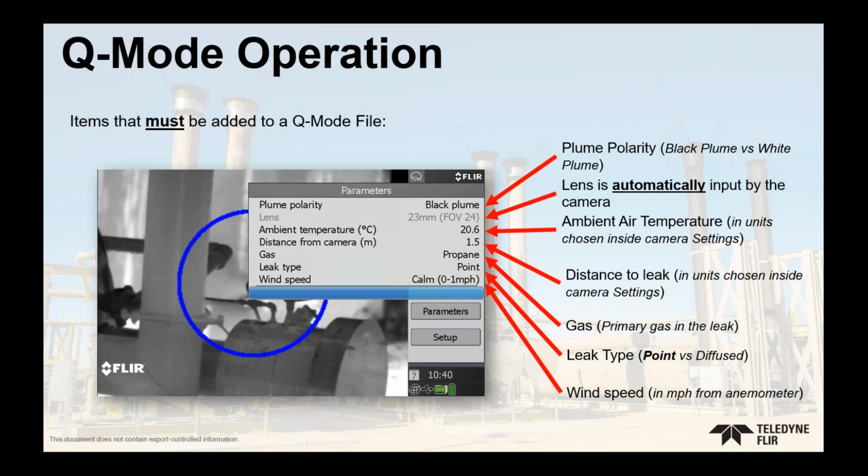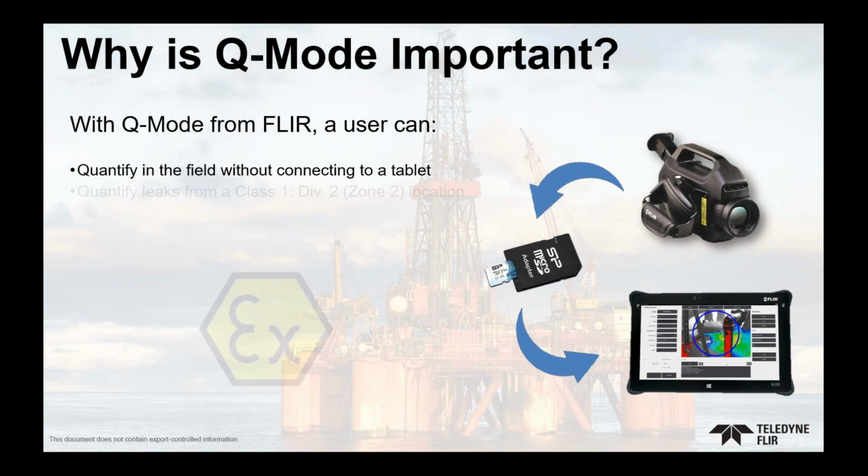So these are object parameters that the user needs to input into the camera in Q mode, and then make a recording, and then you fundamentally take that recording from the SD card and put it into the QL320 for further analysis.